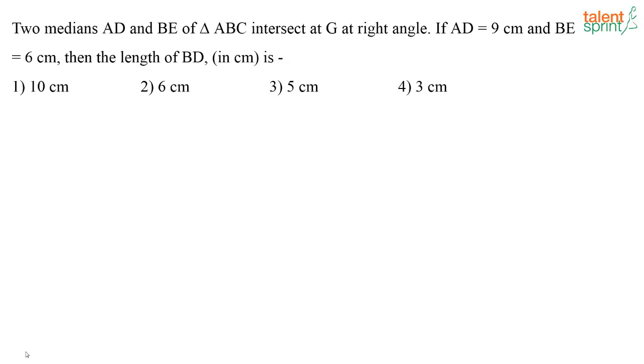Medians AD and BE of triangle ABC intersect at G at right angle. If AD is equal to 9 centimeter and BE is equal to 6 centimeter, then the length of BD is dash.